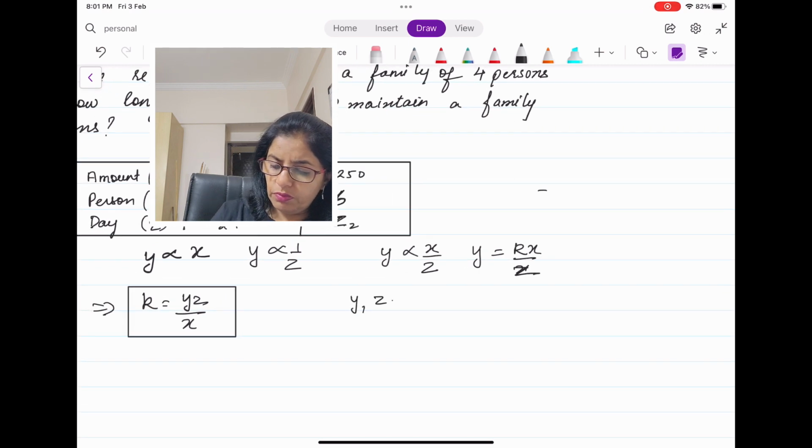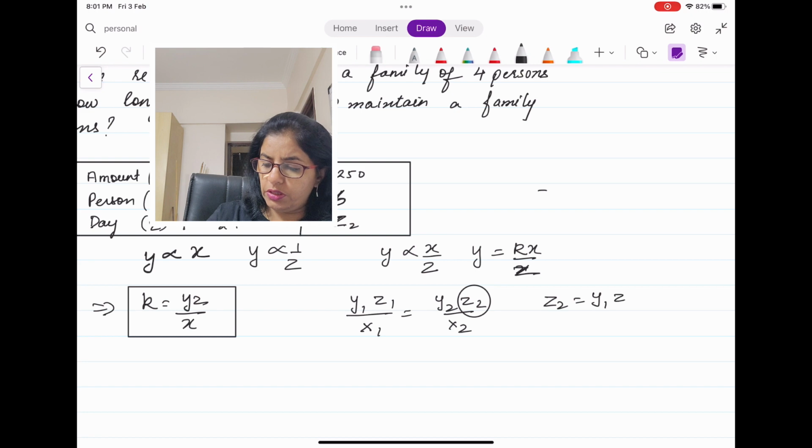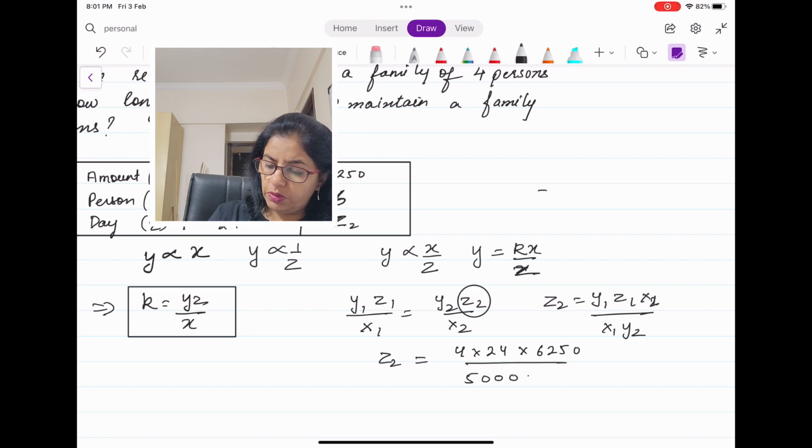Now y1 z1 upon x1 is equal to y2 z2 upon x2. We have to find z2. So z2 is y1 z1 x2 upon x1 y2. Let's put the values and get z2. y1 is 4, z1 is 24, x2 is 6250, x1 is 5000 and y2 is 6.